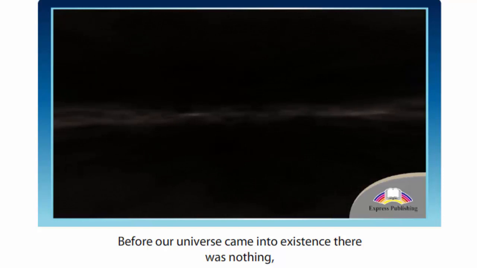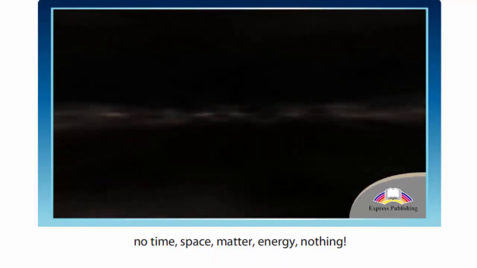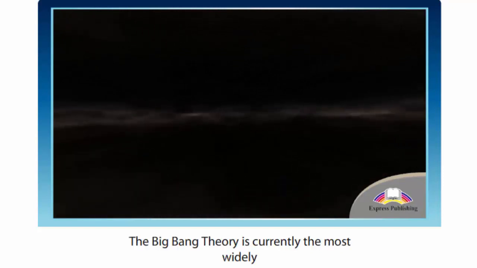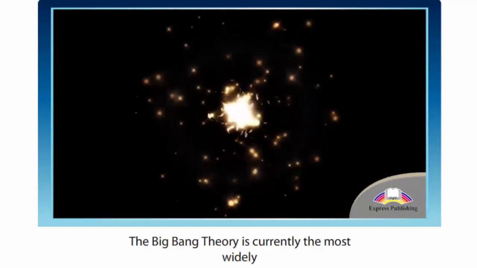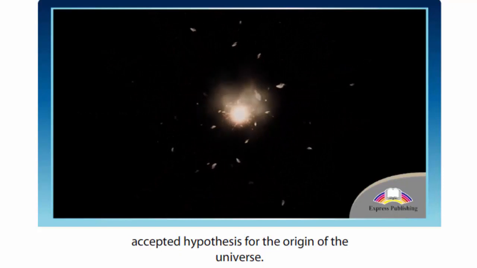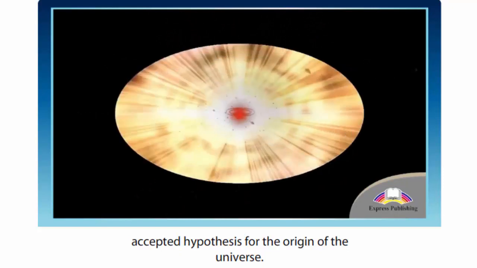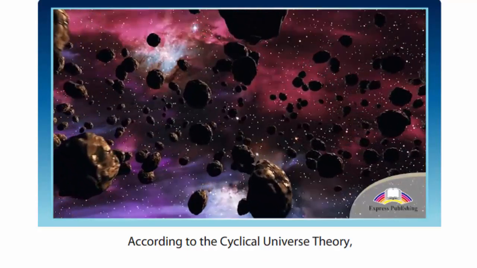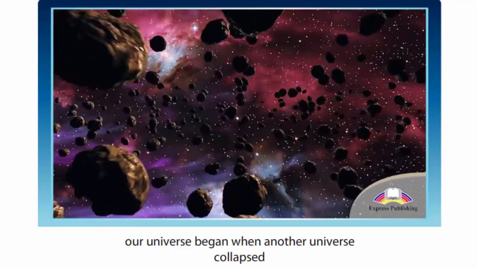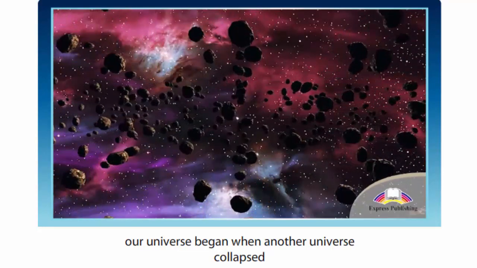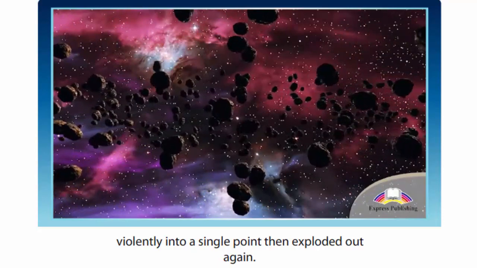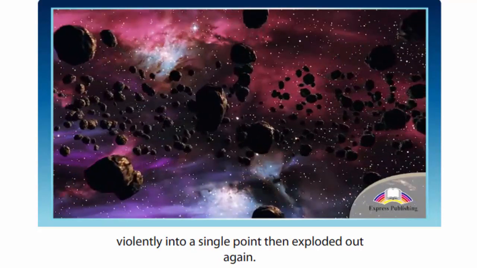Before our universe came into existence, there was nothing. No time, space, matter, energy, nothing. The Big Bang Theory is currently the most widely accepted hypothesis for the origin of the universe. According to the cyclical universe theory, our universe began when another universe collapsed violently into a single point, then exploded out again.